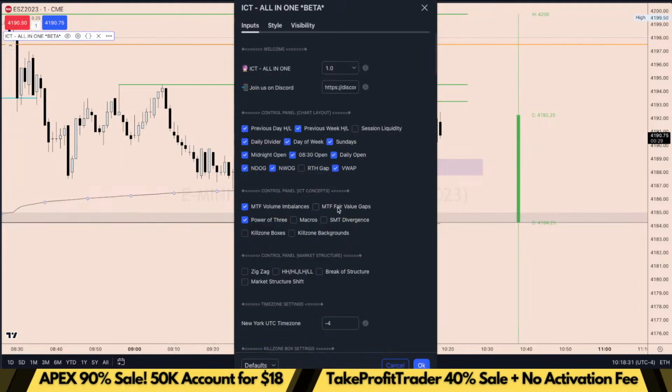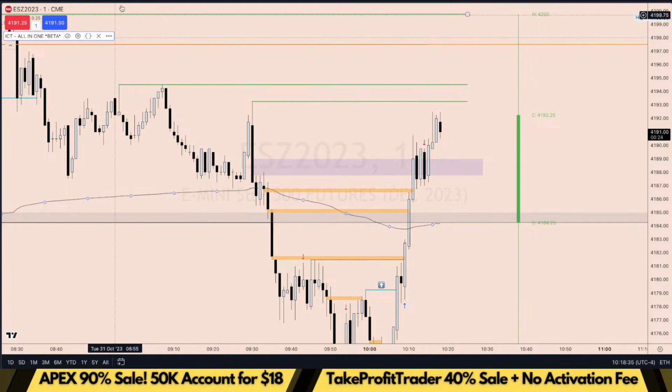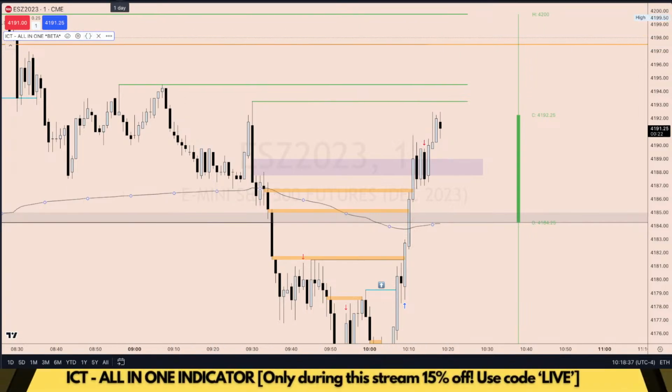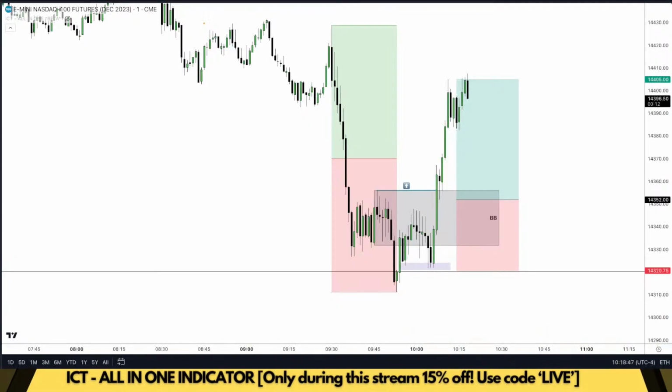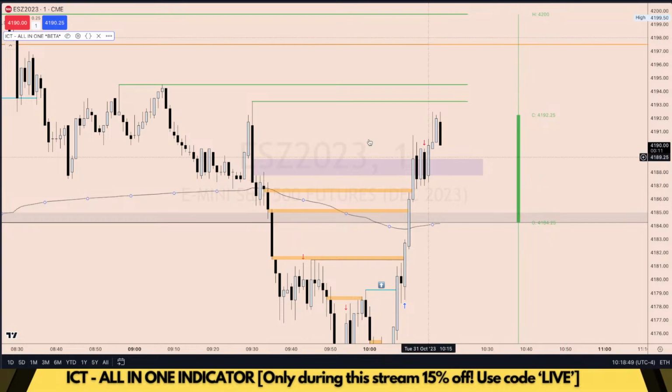We're back inside, or are we already above the regular trading hours gap? Let me check. Made a higher high on NQ as well. We are back inside the regular trading hours gap. So this purple box right here, or pink, whatever, is the regular trading hours gap.